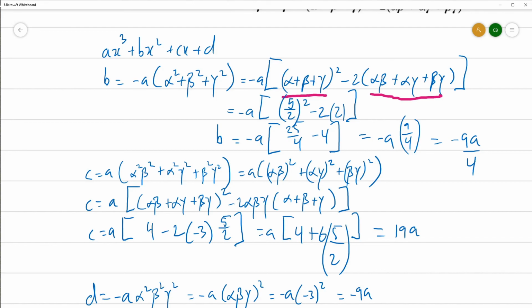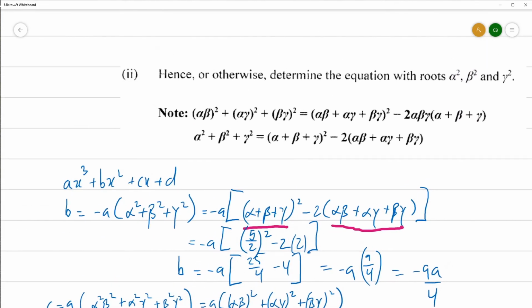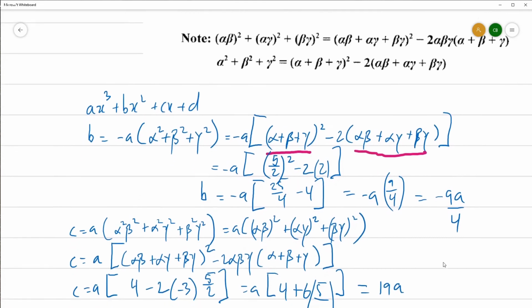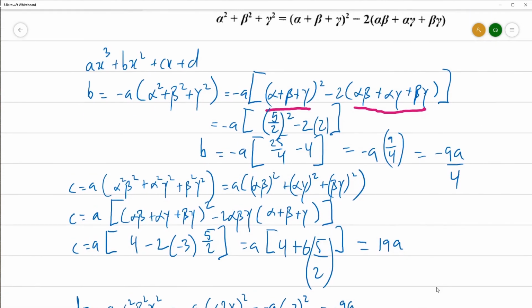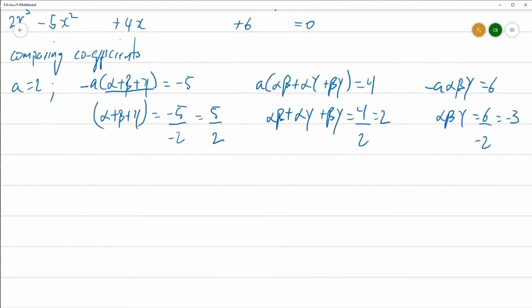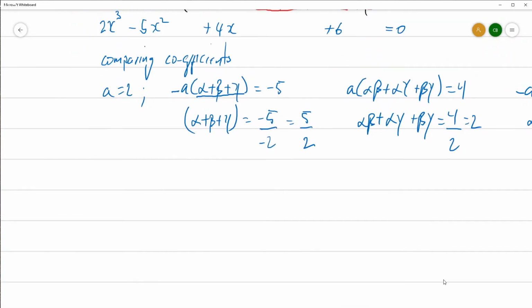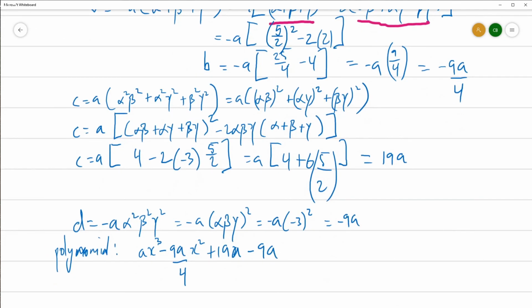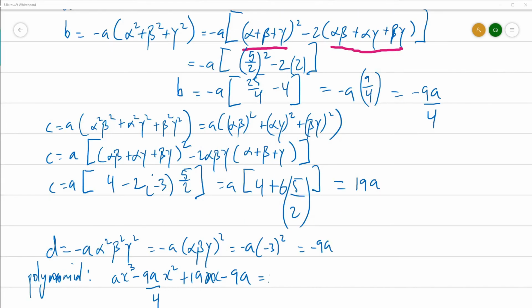And d is minus 9a. So the question asked, hence or otherwise determine the equation with roots. So our value for a was 2. So we could write this as, right, so let's factorize out this a.